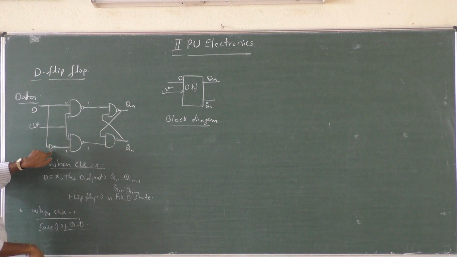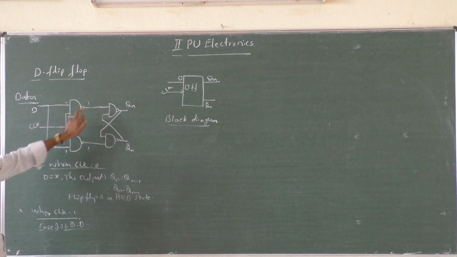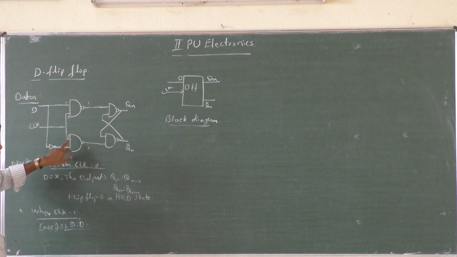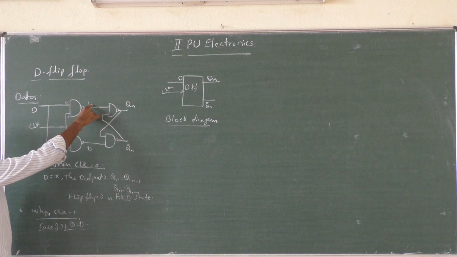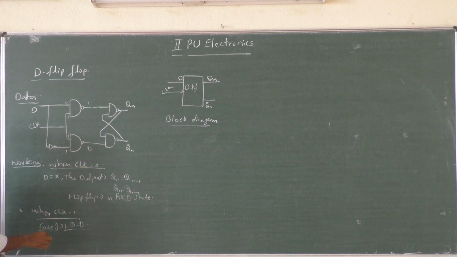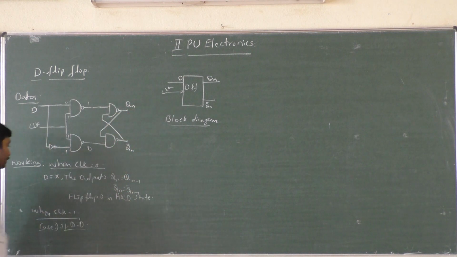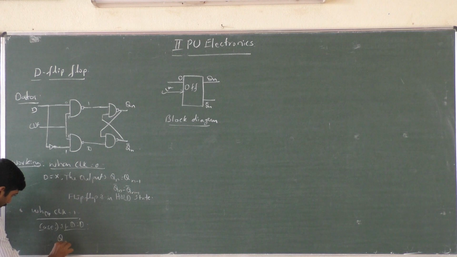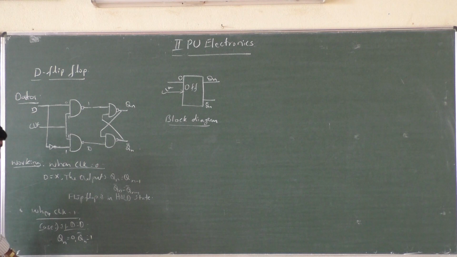This is 0, and because of the inverter here, you get 1. If D equal to 0, the first NAND gate will give logic high, whereas the other NAND gate, because of two high levels at its input, gives logic 0. So Qn bar is 1, and this 1 gives logic low level. So Qn equal to 0 and Qn bar equal to 1.